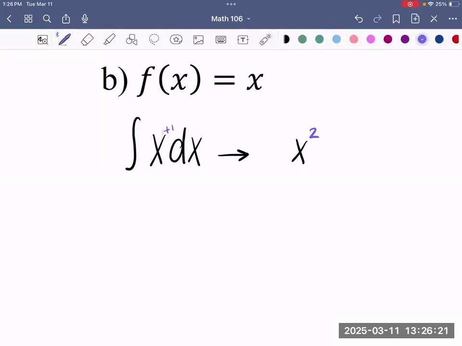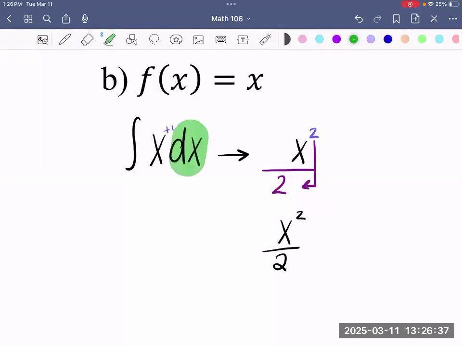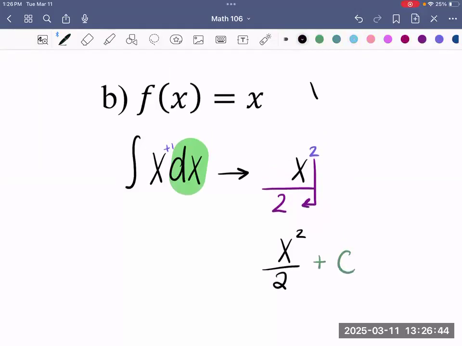Then we can go ahead and divide by 2. So now we have x squared over 2, and then because we have that dx, we're going to just say plus c. Whereas if we didn't have that dx from the original case, we have x squared over 2.